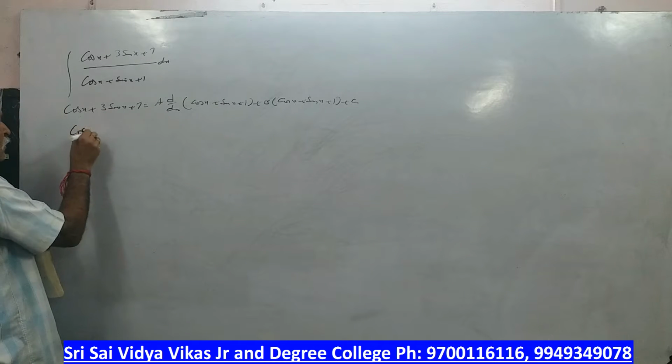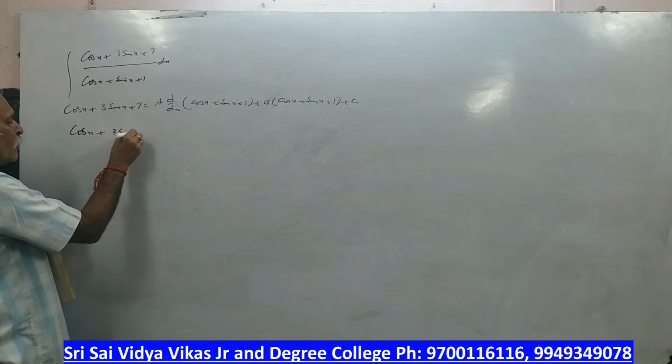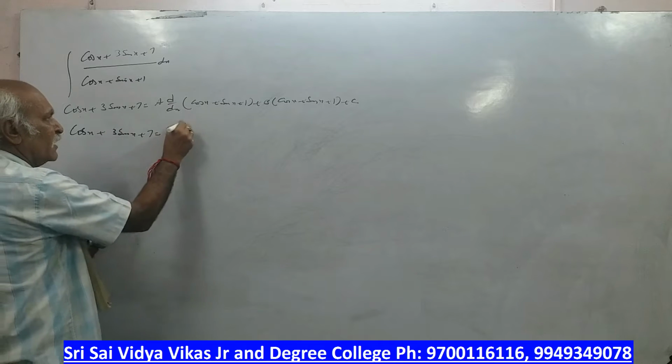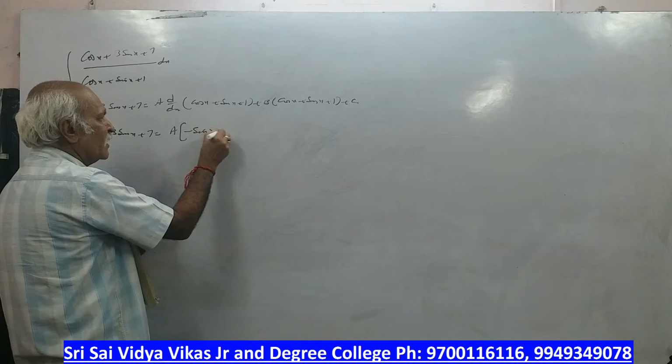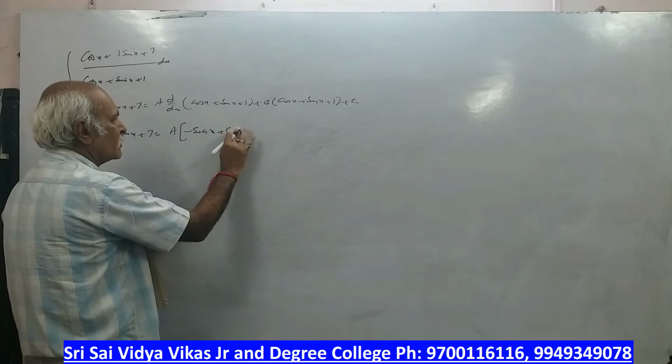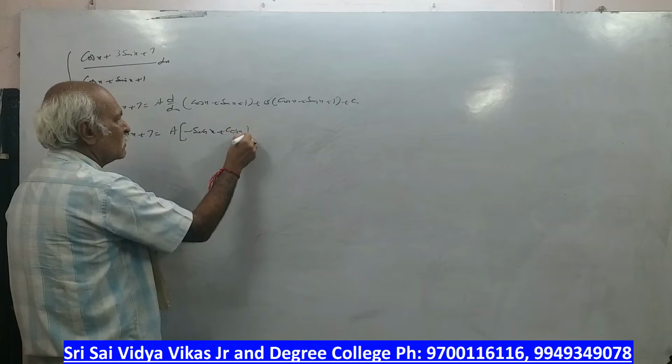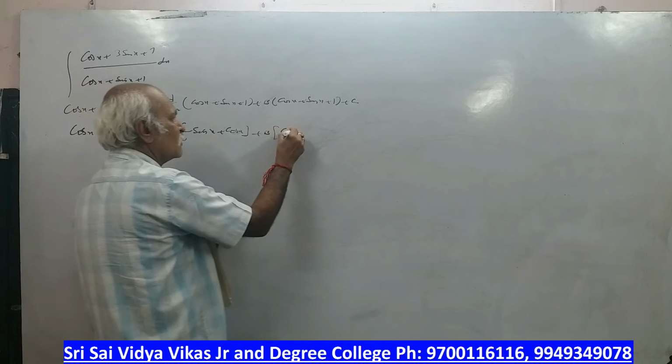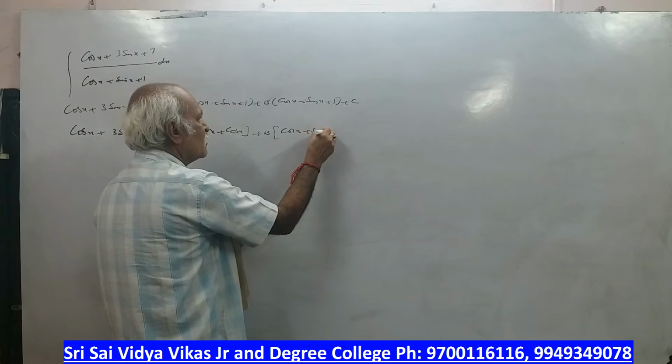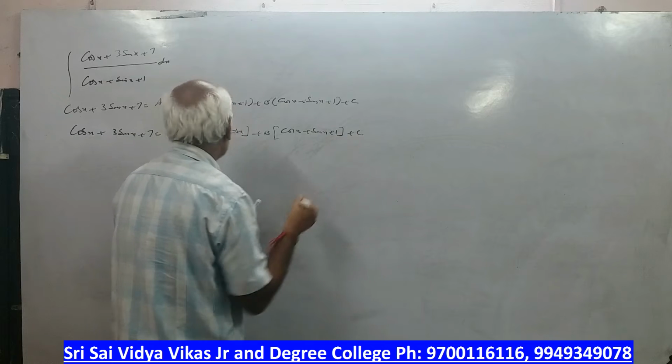So cos x + 3 sin x + 7 = a(-sin x + cos x) + b(cos x + sin x + 1) + c.